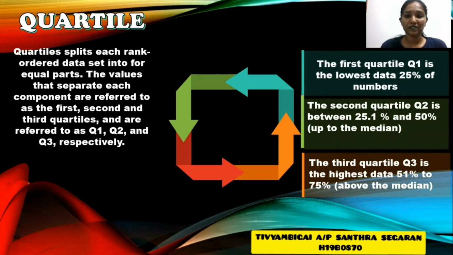The first quartile, Q1, is the lowest 25% of the data. The second quartile, Q2, is between 25.1% and 50%, up to the median. The third quartile, Q3, is the highest data, which is 51% to 75%, above the median.